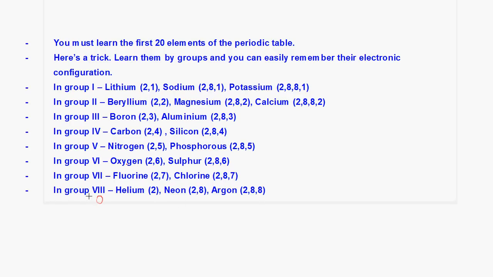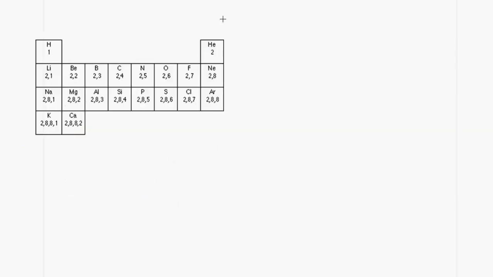Now in group 8, these are the noble gases, and you need to know that they are very stable. And the reason for this is that the outer shell electron is filled. It has 8 electrons in the outer shell. Now this partial periodic table here shows this is period 3.